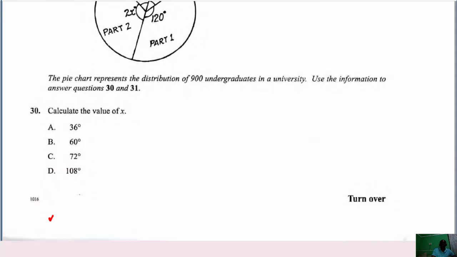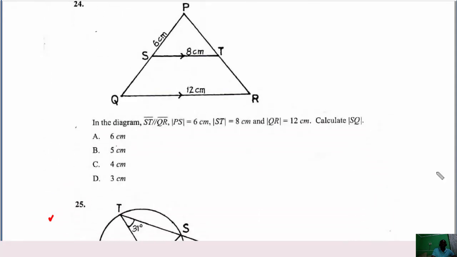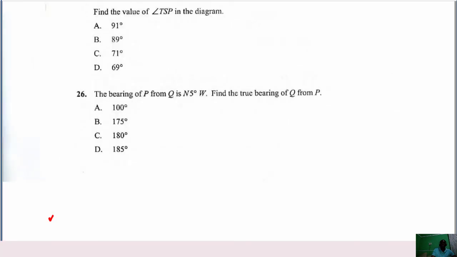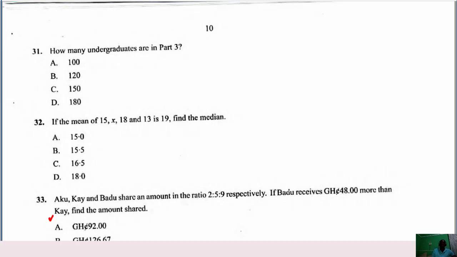Okay, so we are moving on from question 30, and we were able to find the answer to be 60. So let's move on to question 31. So question 31, we are still using the pie chart.